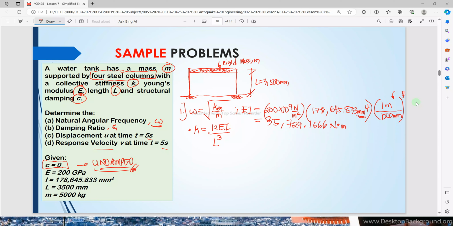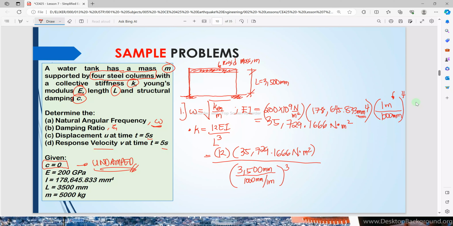Newton square meter. So our stiffness K here, we have the 12 times 35,729.1666 Newton square meter over the length 3,500 millimeter. So this is in millimeter, so we just convert this into meter, and we know that there are 1,000 millimeters per 1 meter.